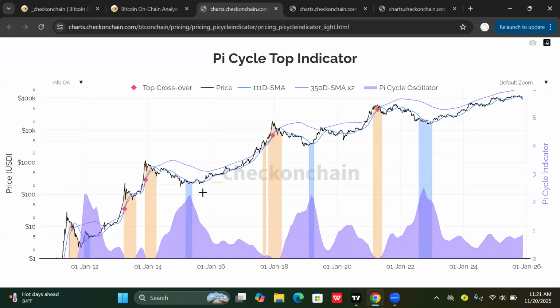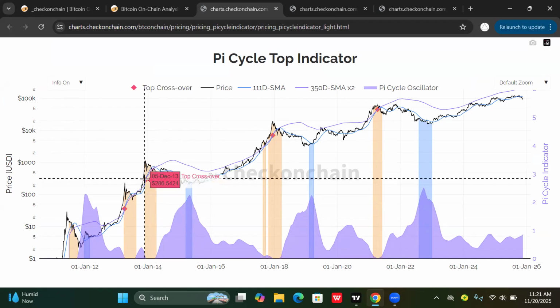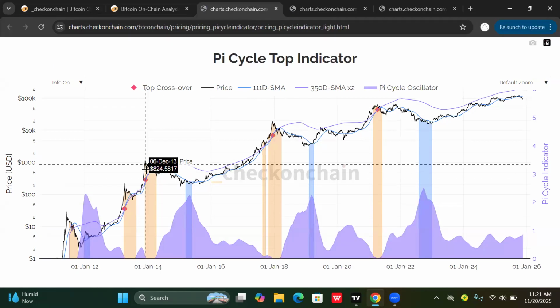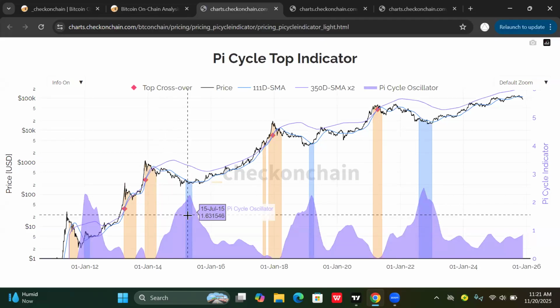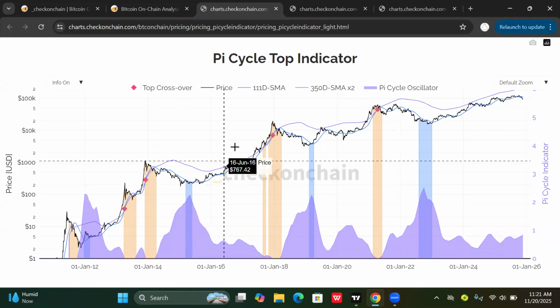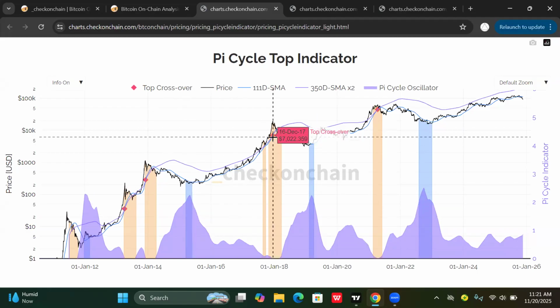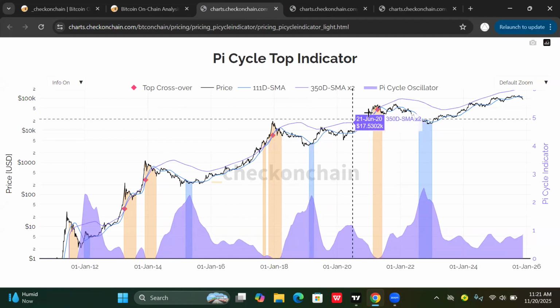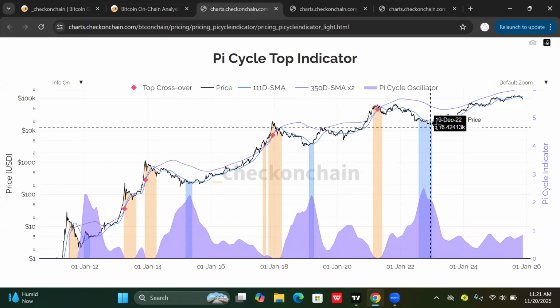All right, so these are the tops. Versus Bitcoin, it tops out and it rallies, right? Here we got the bottom, buy, sell here, buy here, sell here, buy here.